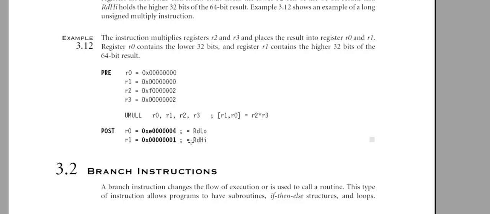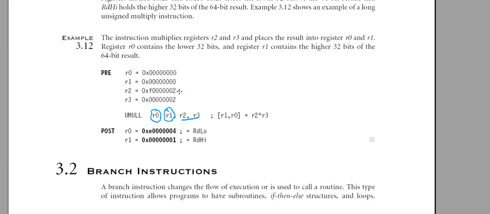That's why you should also refer to the textbook. So in R0 the lower part will be there, and in R1 the higher part will be there. Okay, correct. This is lower, this is higher.